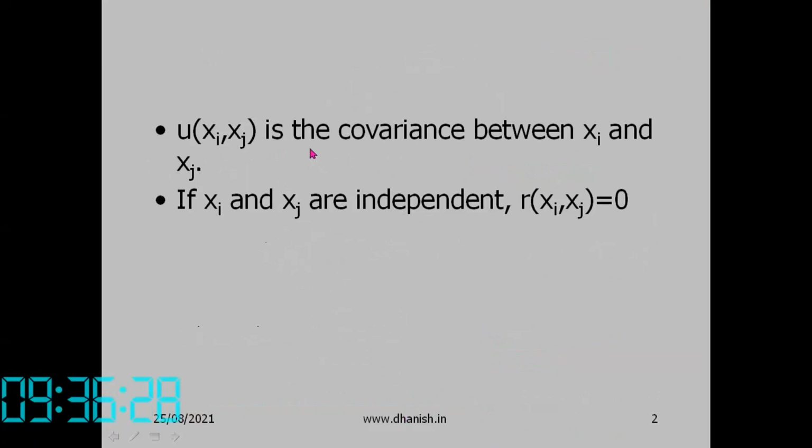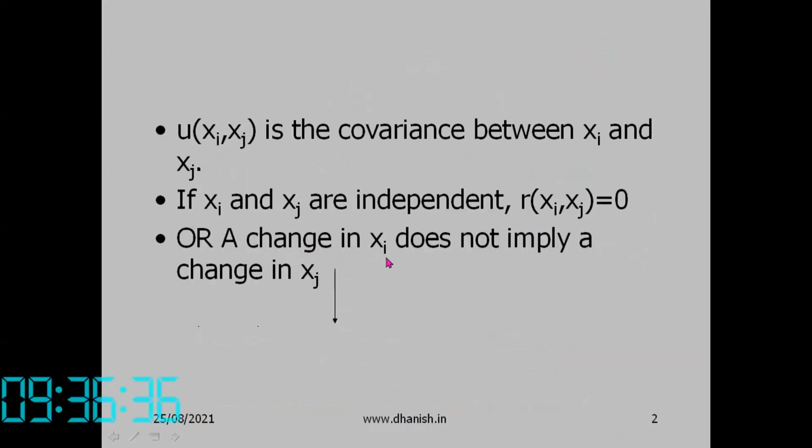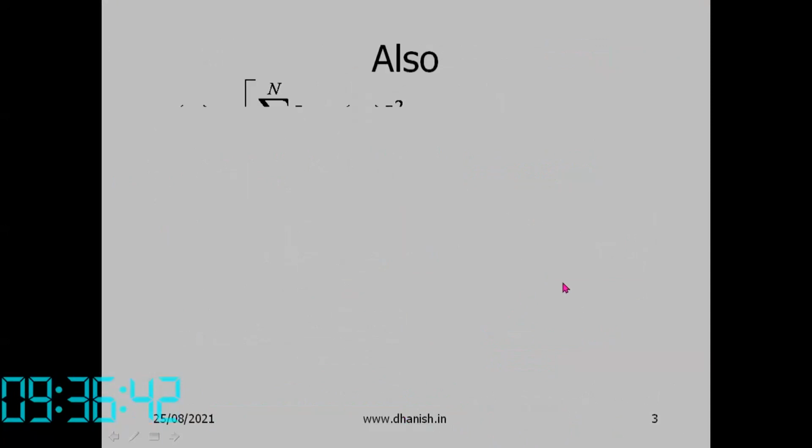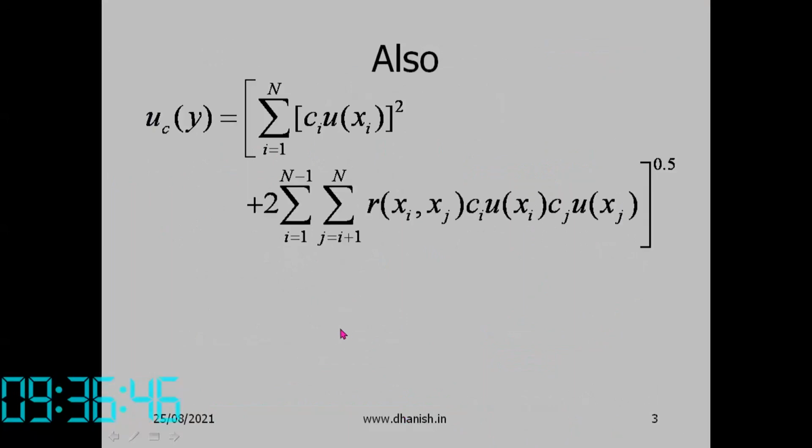So u of xi, xj is the covariance between xi and xj. If xi and xj are independent, the correlation coefficient will be 0. That means a change in xi does not imply a change in xj. I think I explained this. It is only written in split form, that's all.